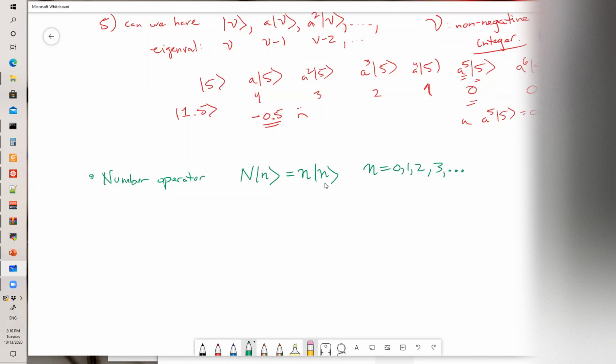So H acting on one of these n's is going to be H bar omega times n plus 1/2. And these are the energy levels of the harmonic oscillator.